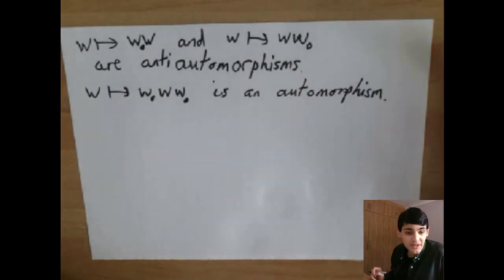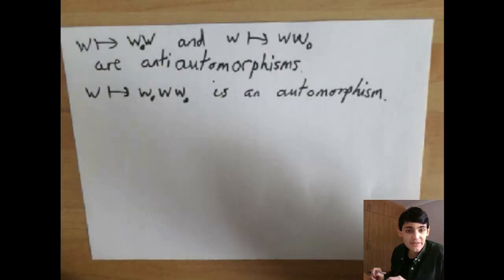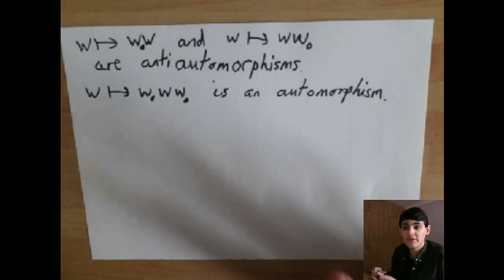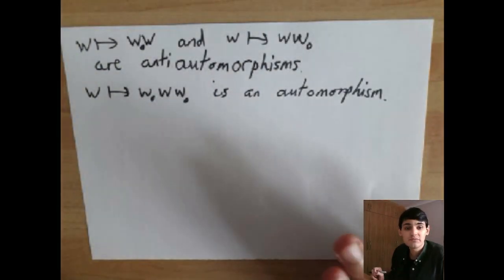Okay. But there's another one that I would argue is a little bit more interesting. This is a subset automorphism that is unique to the weak order in Coxeter groups.